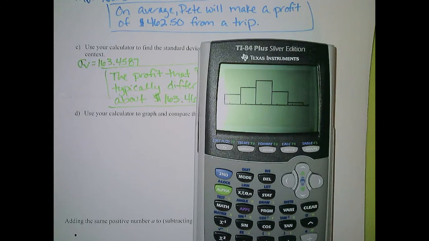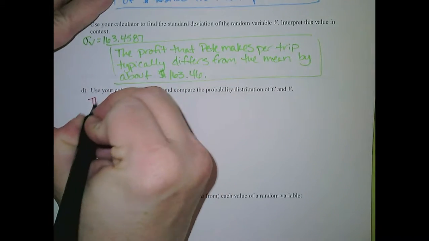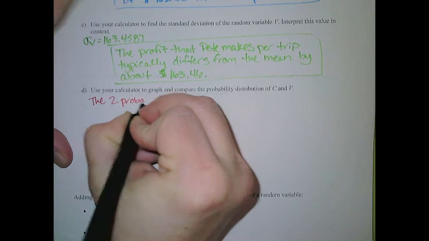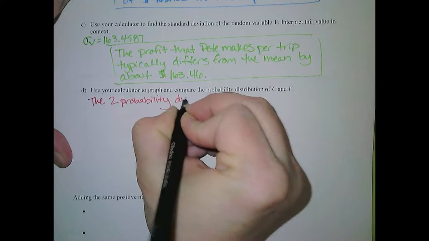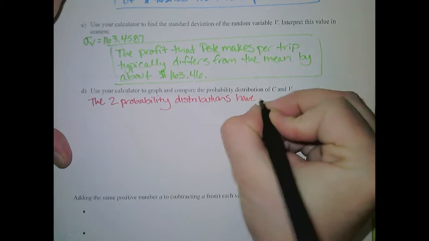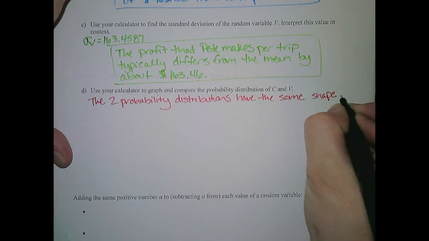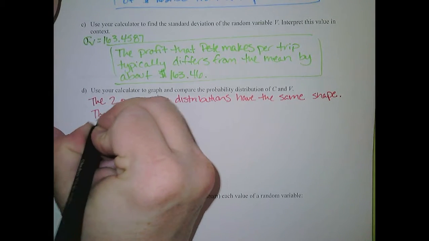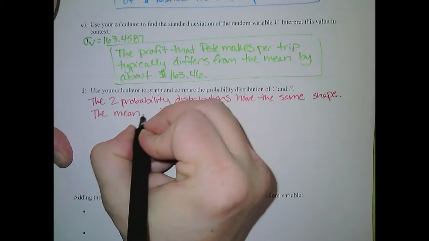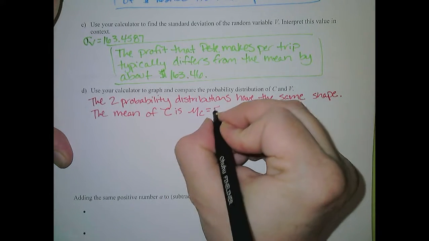So if you compared those with your neighbor, then what you should have seen was that the shape of those two distributions was the same. The two probability distributions have the same shape. The mean of C, mu of C, is equal to 562.50.